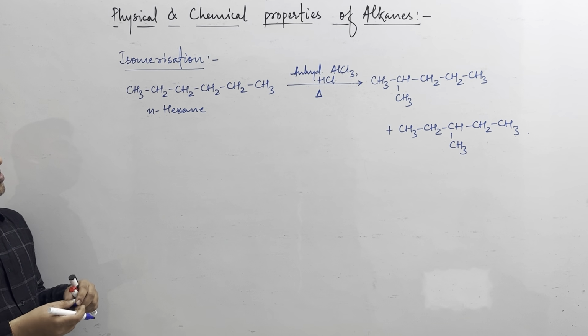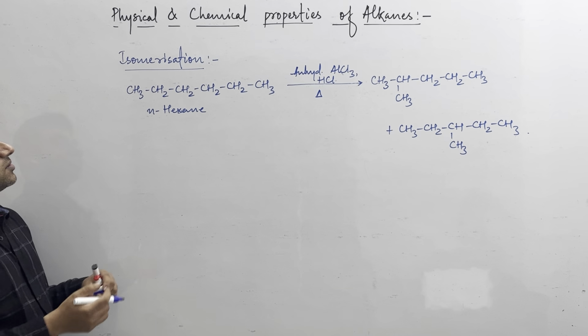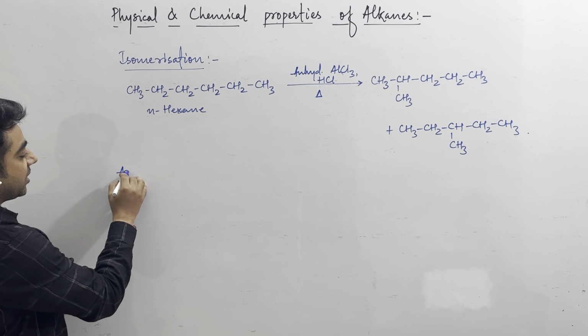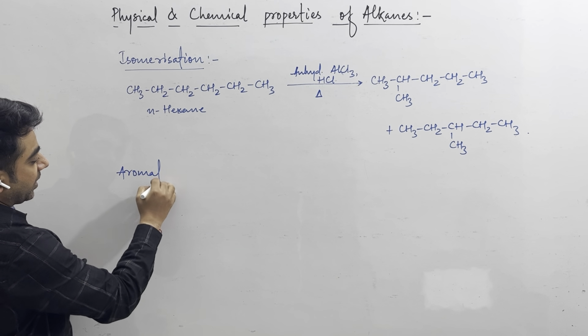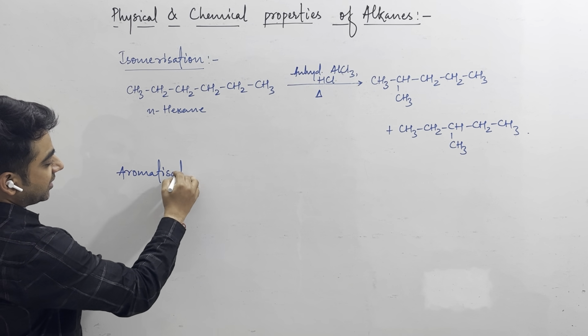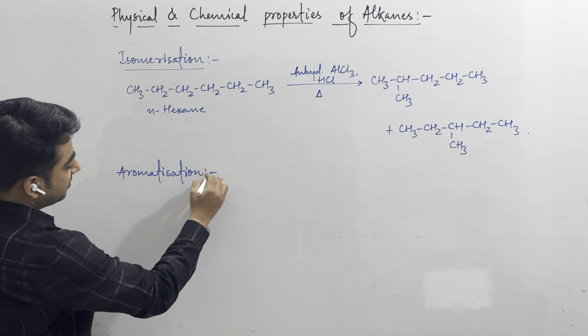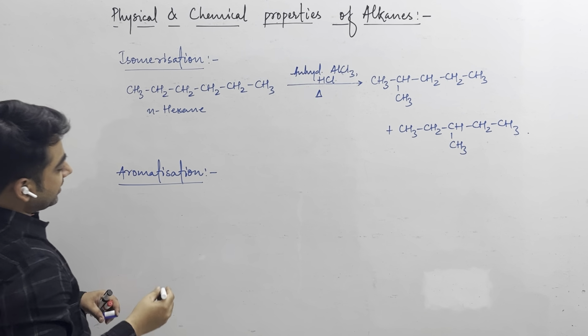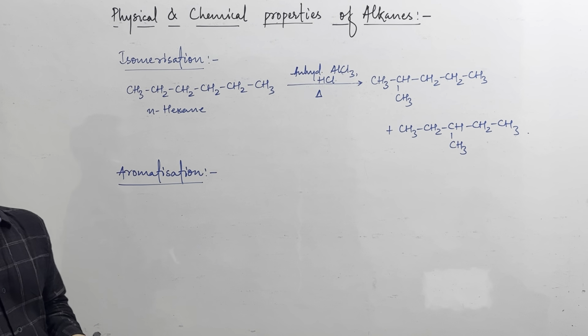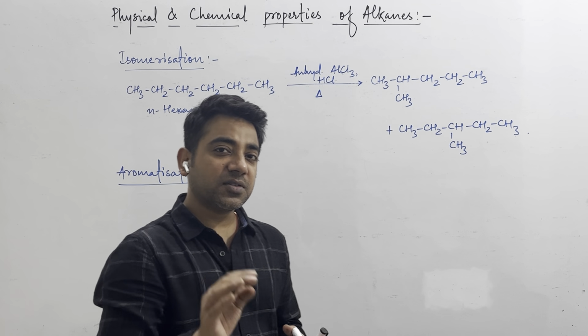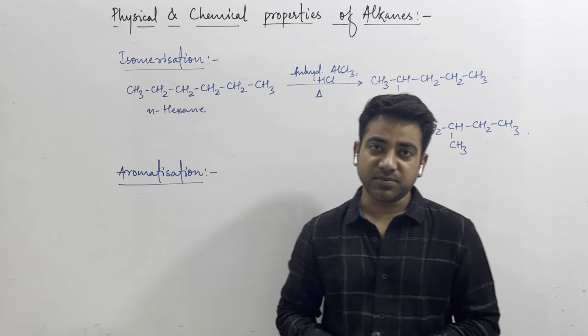After this isomerization, the next reaction in the queue is the aromatization reaction. For this reaction, you will have to keep in mind that it is possible only when the alkane has 6 or more carbon atoms.